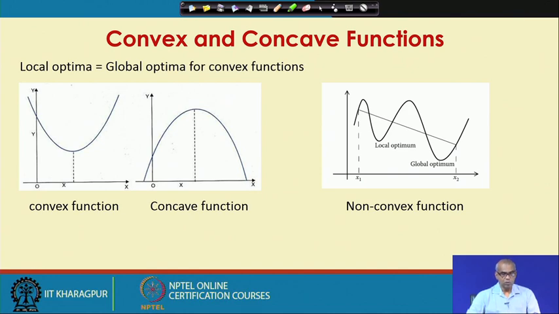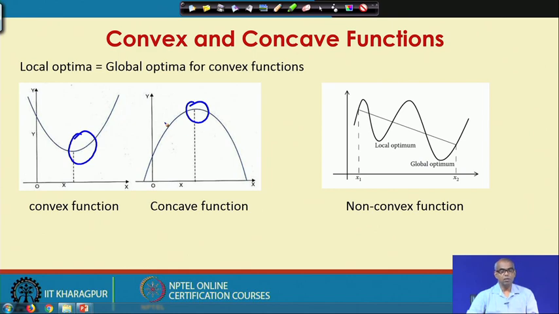If we know that in a given region the function is convex, there will exist only one minimum. Similarly, if in a given region the function is concave, there is a single maximum.